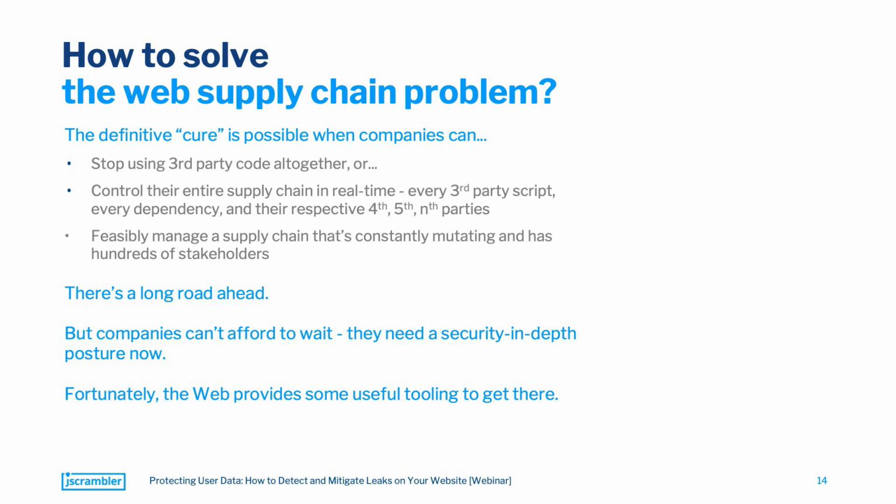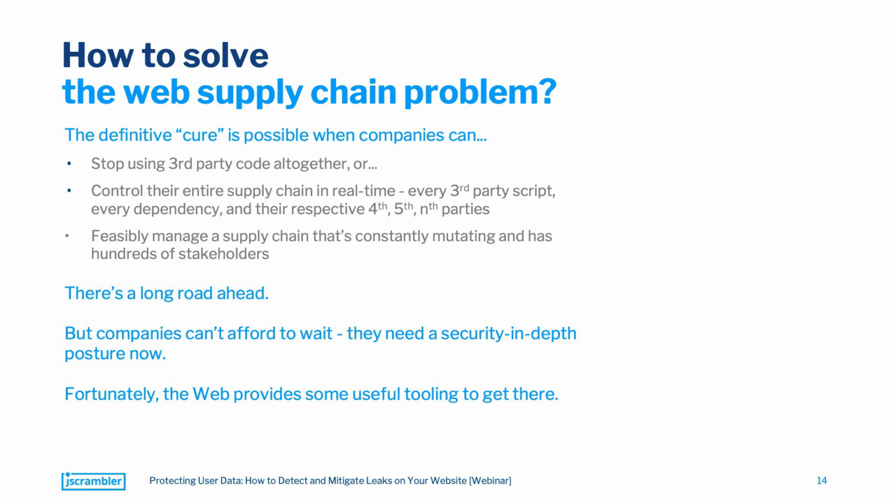Another more realistic option is for companies to find a feasible way to gain full control of their entire web supply chain in real time, including all their fourth parties. But as you have been hearing so far, you can probably tell that we are a long way from achieving this, especially because the web supply chain is very dynamic and involves hundreds of different stakeholders.